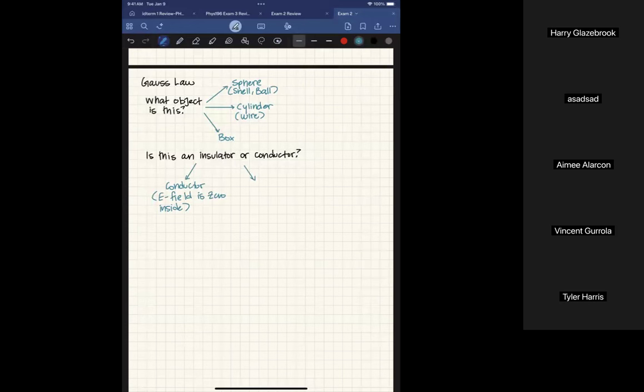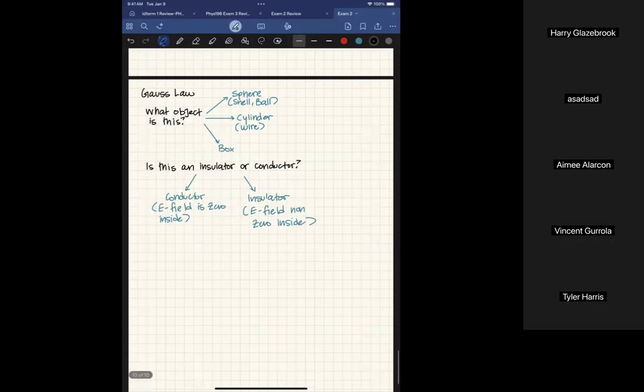If it is not a conductor, or if it's an insulator, then the E field is non-zero inside. Cool. I want you guys to ask yourselves these questions every time you do a Gauss law problem.